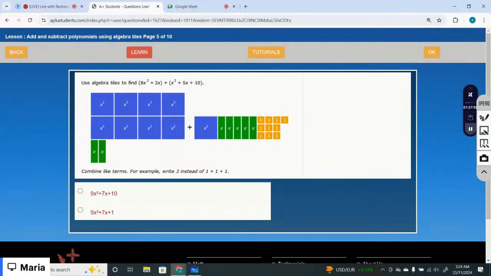Use algebra tiles to find 8x square plus 2x plus x square plus 5x plus 10. So which is the correct option?